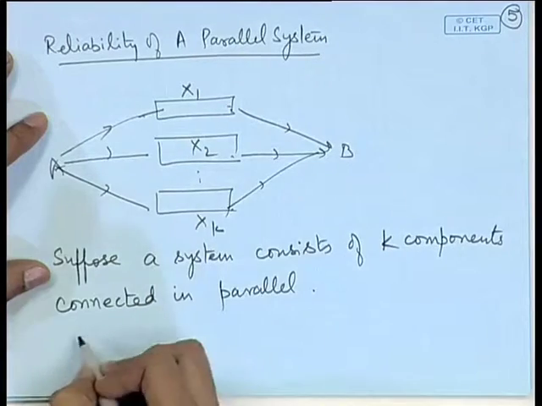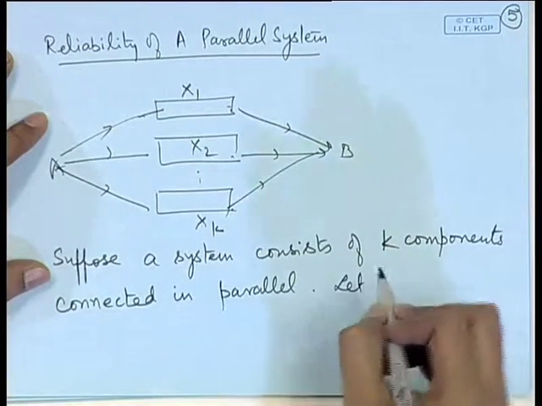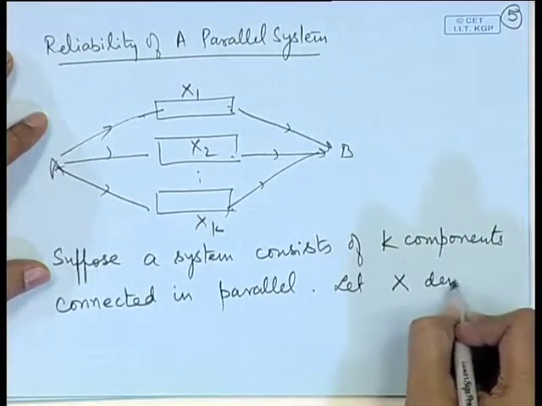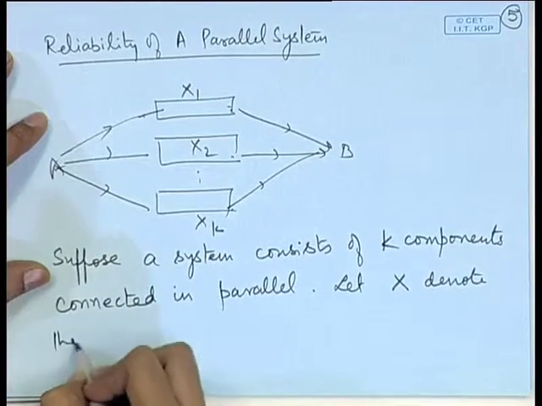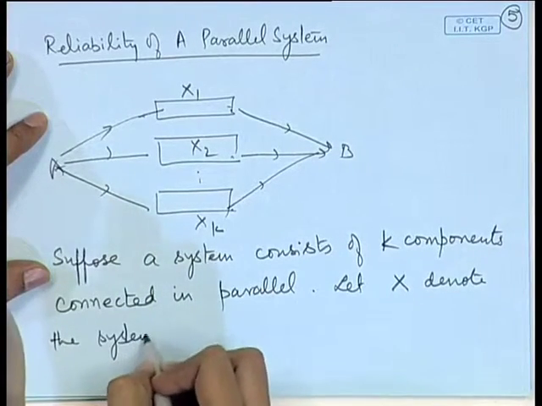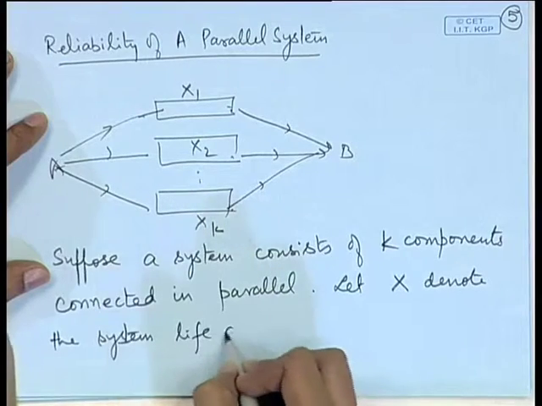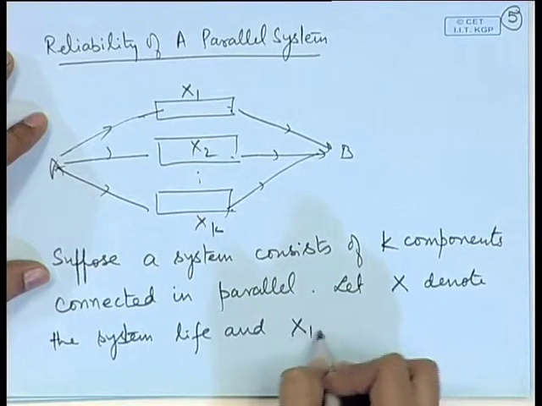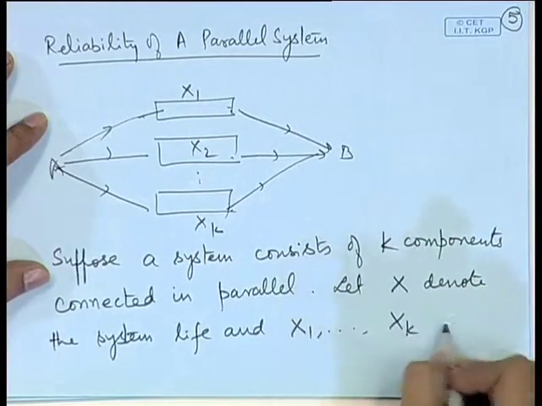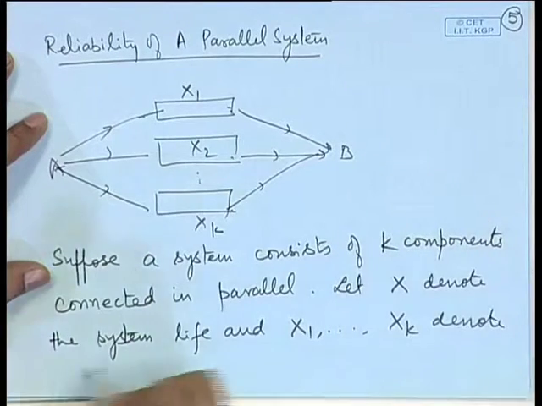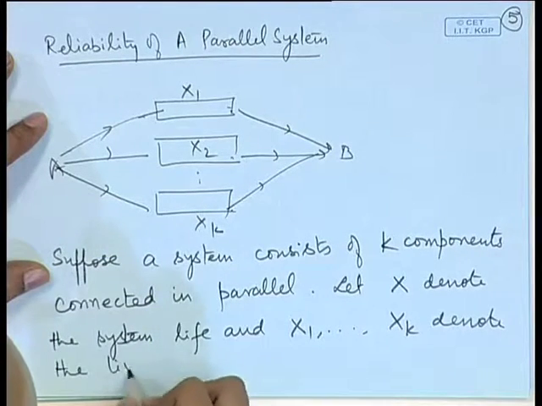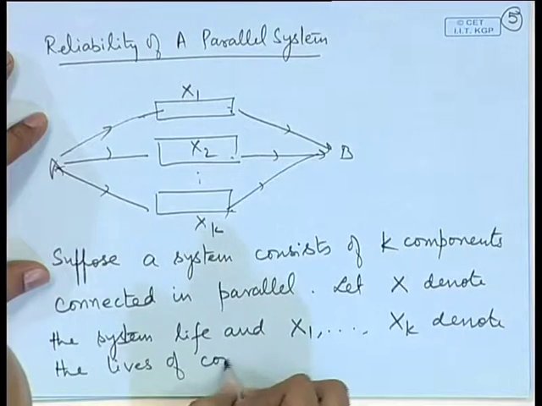So, let x denote the system life and x 1, x 2, x k denote the lives of the components.